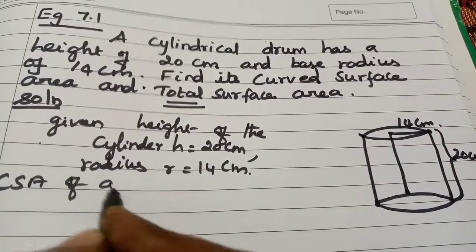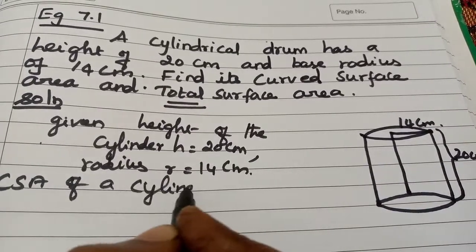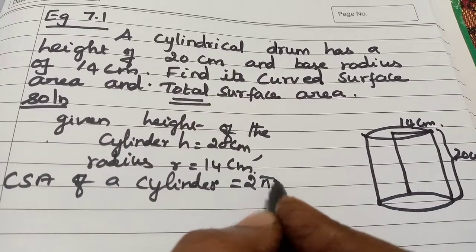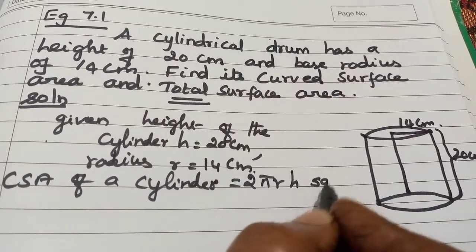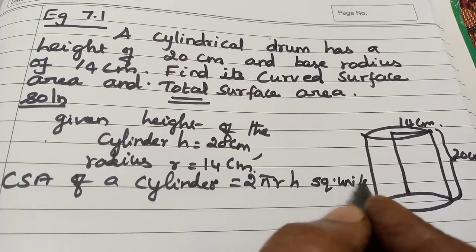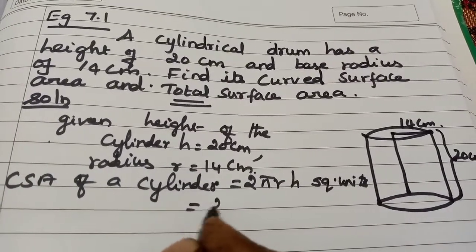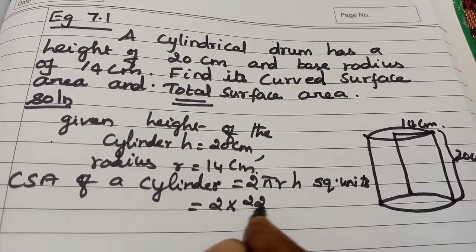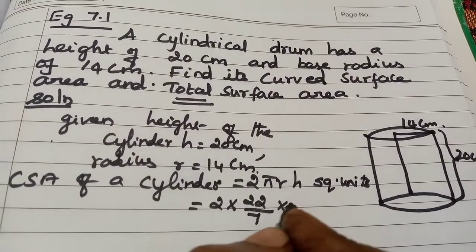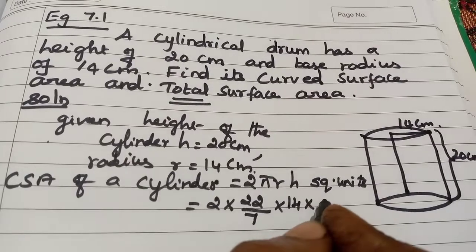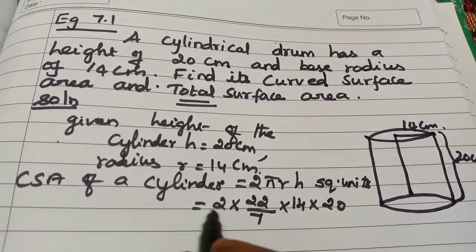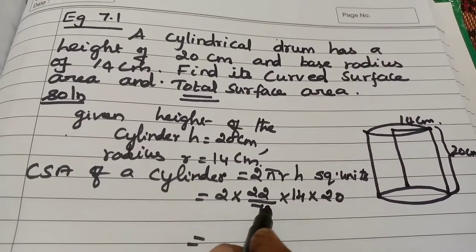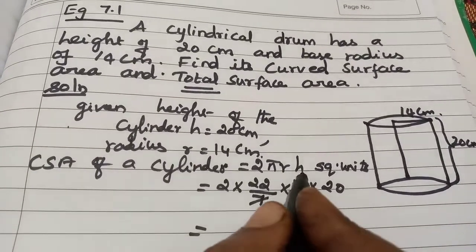So CSA of a cylinder formula we have to write. What is the formula? CSA of the cylinder equal to 2 pi r h square units, which is equal to 2 into, usually for pi we use 22 by 7, into radius is 14 into height is 20. So there is a possibility to cancel this. 1 7 is 7, 2 7 is 14.